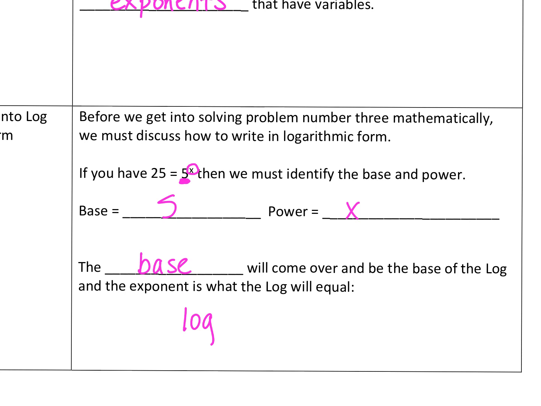Anytime we have a base, it's going to be written low right next to the word log. Okay, so log base 5 is what this is saying, of 25 equals the exponent of x, okay, so that is how this works.